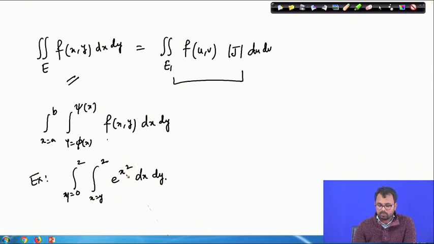even with respect to x or with respect to y, I mean with respect to y it will be easy, but with respect to x we don't have any antiderivative here, or we cannot express e to the power x square by some method of substitution.